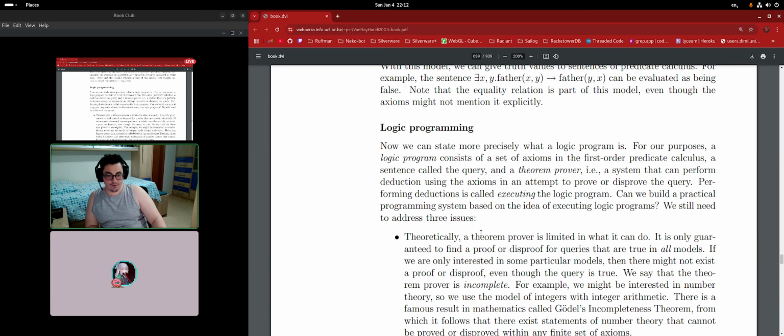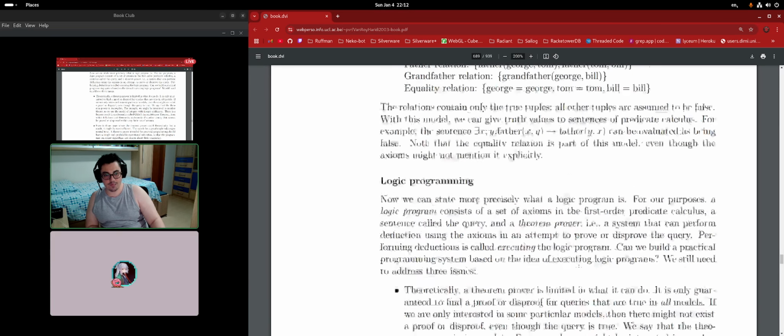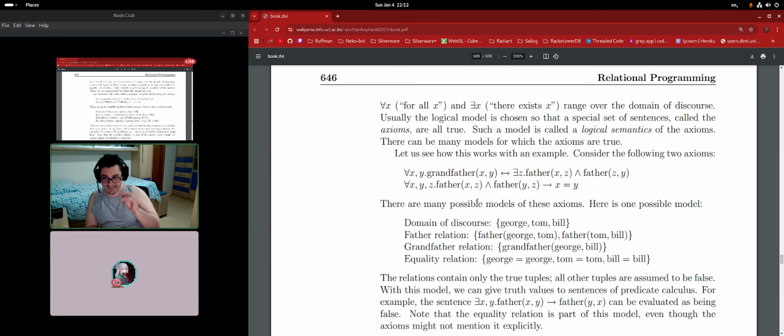Can we build a practical programming system based on the idea of executing logic programs? There are three issues that we need to address. Theoretically, a theorem prover is limited in what it can do. It is only guaranteed to find a proof or disproof for queries that are true in all models, because models are instantiations of the axioms.